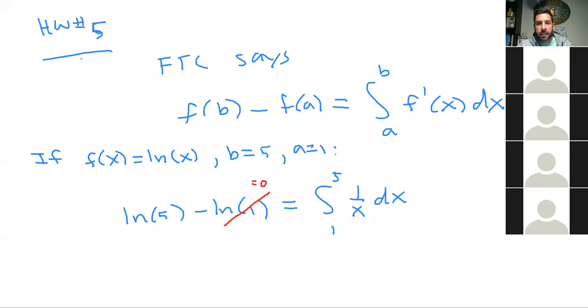The log of 1 is equal to 0, so you get that the log of 5 is this integral. What I'm trying to do is get you to understand that if you do a numerical integration on this integral, on the computer or by hand, you're going to get the same number that you get if you plug log of 5 into a calculator. Does that make sense? Okay.